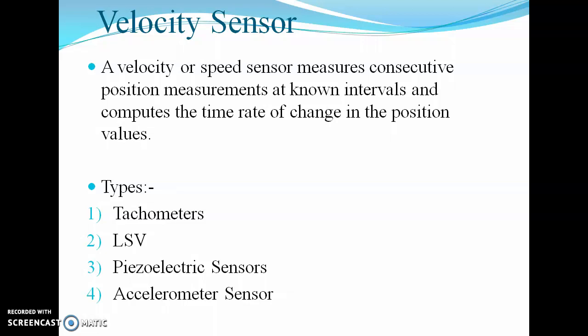Right. So, it computes the time rate of change in the position values, that is the displacement. So, various types of velocity sensors: tachometers, LSV, then piezoelectric sensors and accelerometer sensors. So, friends, we are going to see one by one.